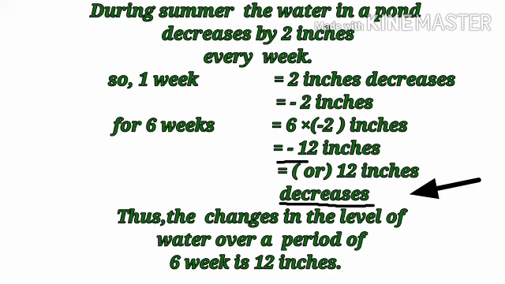That is, we get 6 into minus 2 is equal to minus 12 inches or 12 inches decrease. Instead of putting minus, we can use the word decreases. Thus, the change in the level of water over a period of 6 weeks is 12 inches.